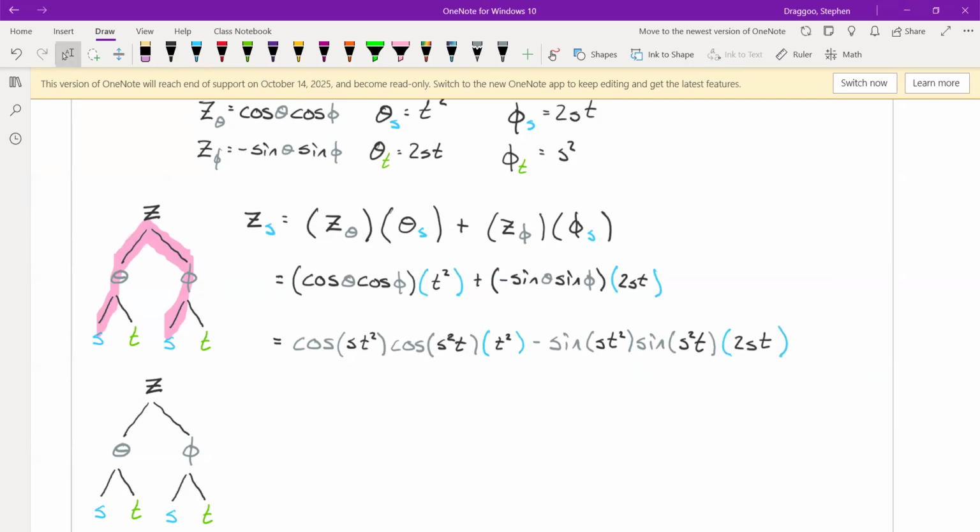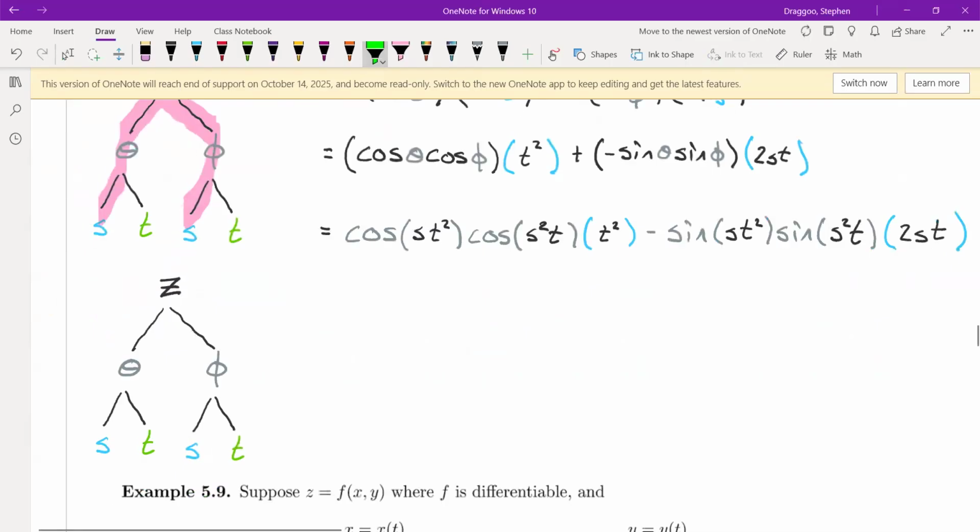And if I follow my tree diagram, or go play my Plinko balls, they go from theta down to t, and then from phi down to t. So following the diagram, I want partial derivatives of z with respect to theta and with respect to phi.